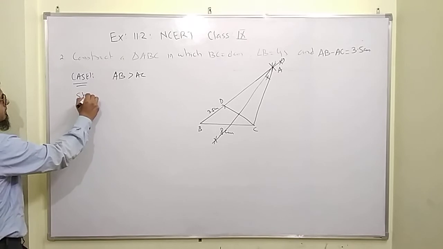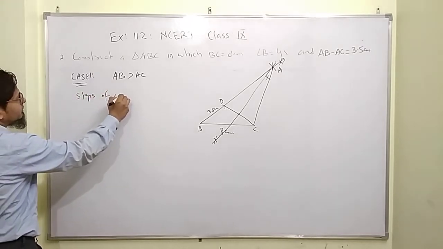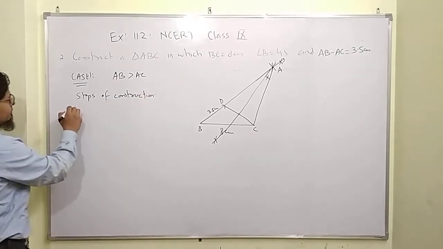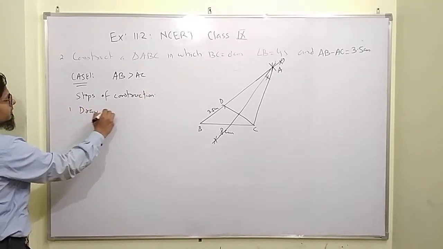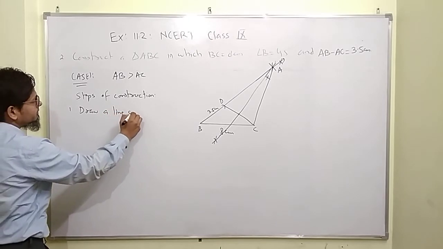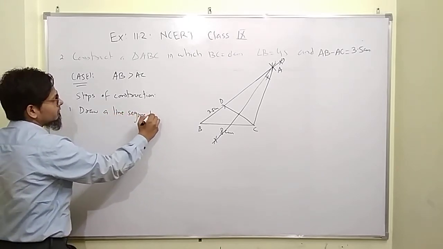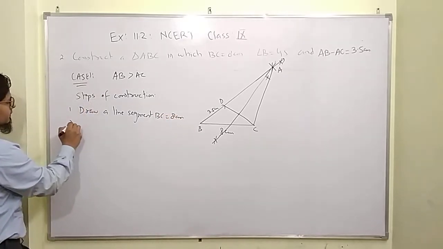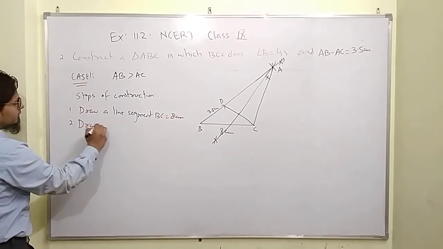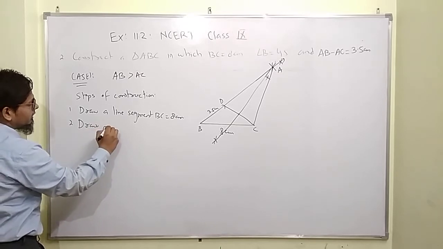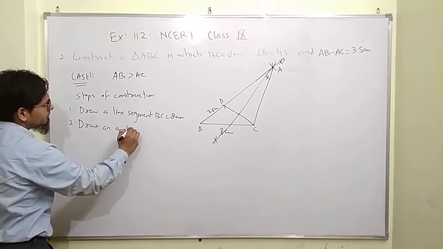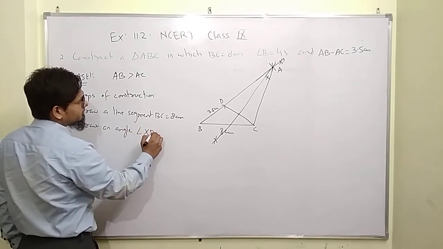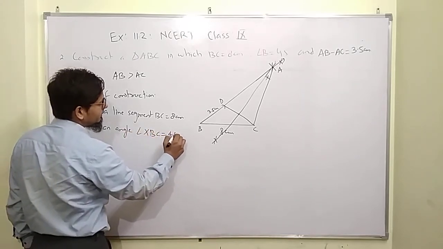Steps of construction. The first point, draw a line segment BC equal to 8 centimeter. Next, draw an angle, we let XBC be equal to 45 degree.